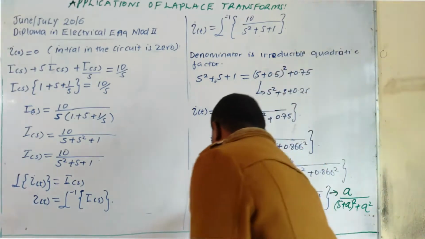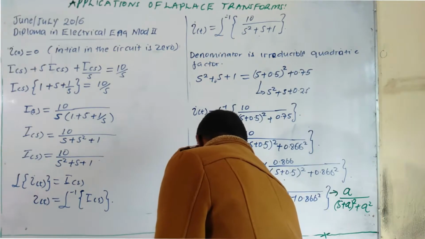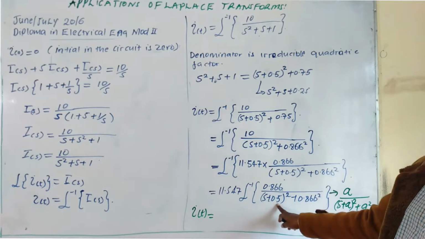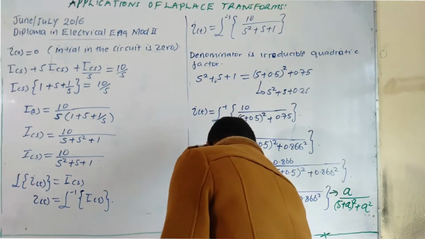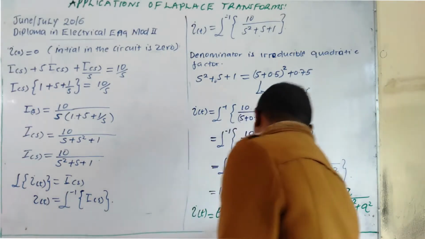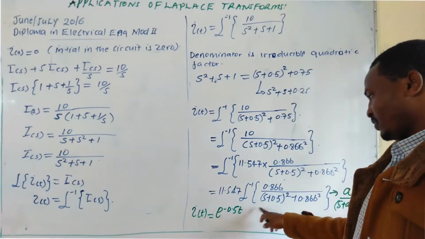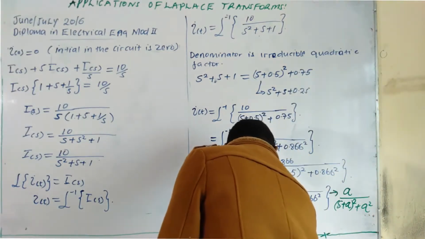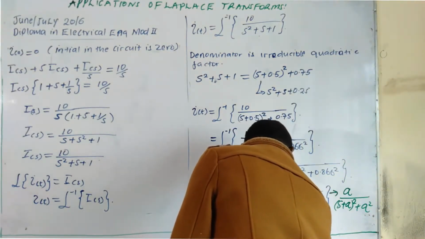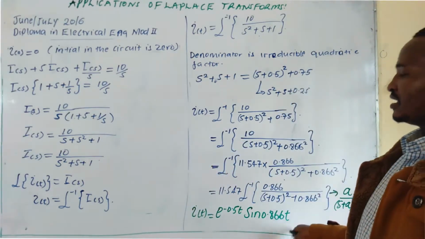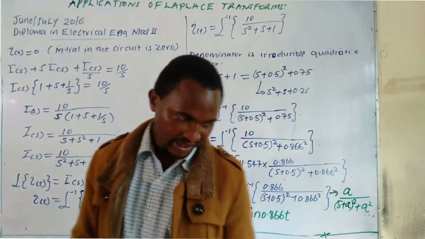Therefore, finally, the equation for current I(t) is, with a equal to 0.5, e to the negative 0.5t, since whenever the exponent is negative we add, and then finally sine 0.866t. And that actually is our answer.